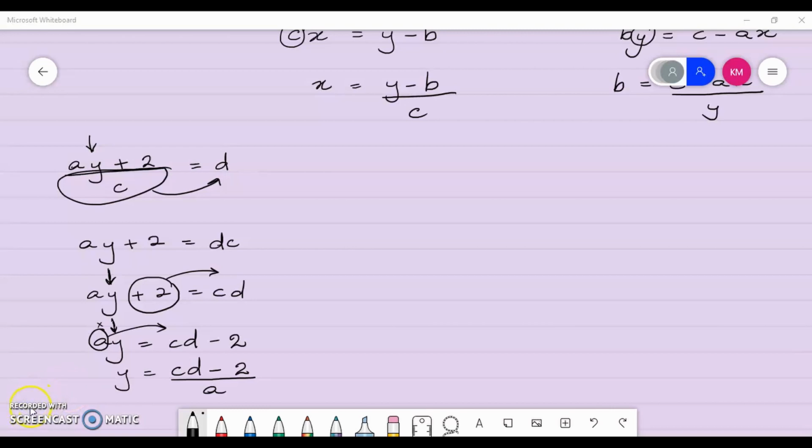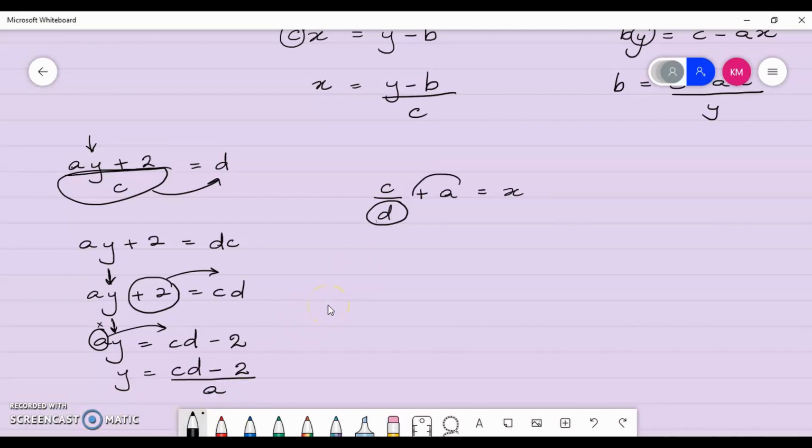Let's try one more: c divided by d plus a equals x. Let's say I wanted d to be the subject of my equation. Now remember, I said we start reading from the variable that I want to make the subject of the equation. Now it's kind of difficult to start reading this expression by saying d first. I will have to say c divided by d plus a equals x. So I know definitely I'm going to get rid of a first.